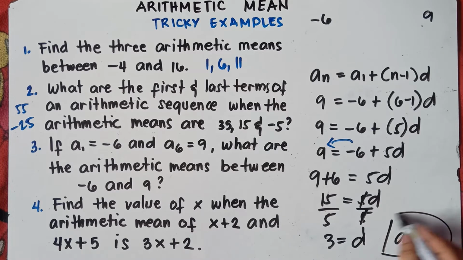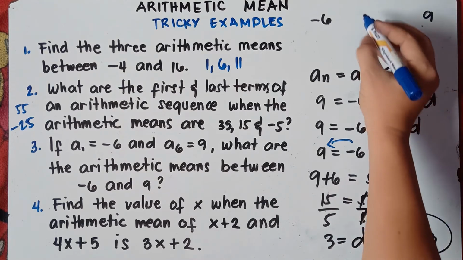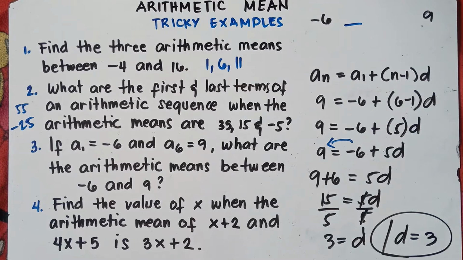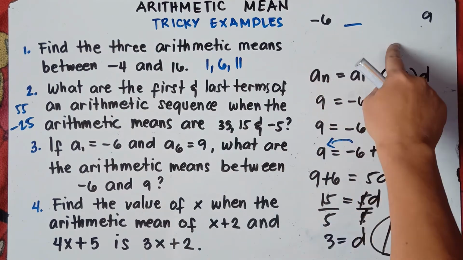Now, once we get the common difference, going to the right, if you want to get the next number, you just add 3, because the common difference is 3. I hope you got that one, class. As I explained a couple of minutes ago, going to the right, once you get the common difference, you just add it, you add 3.